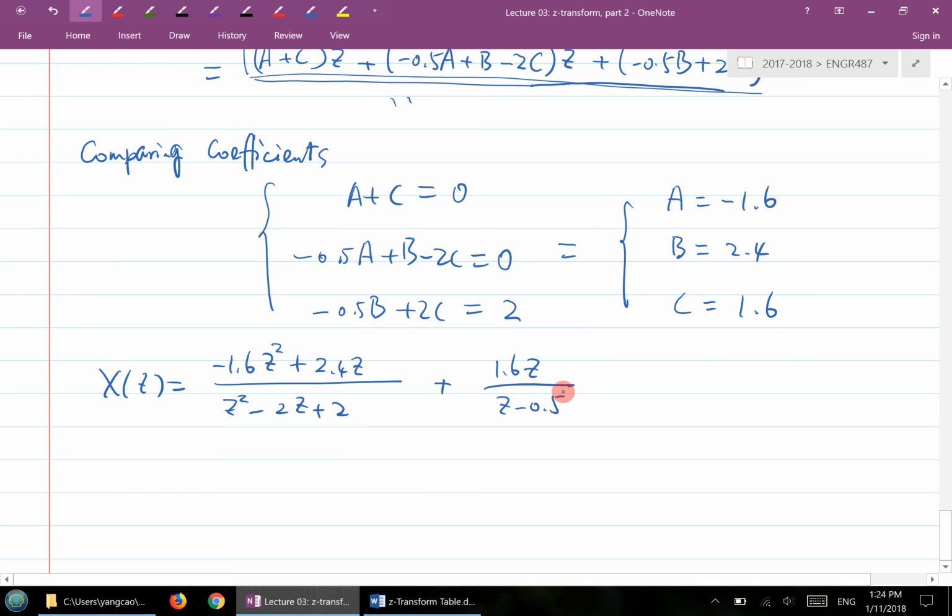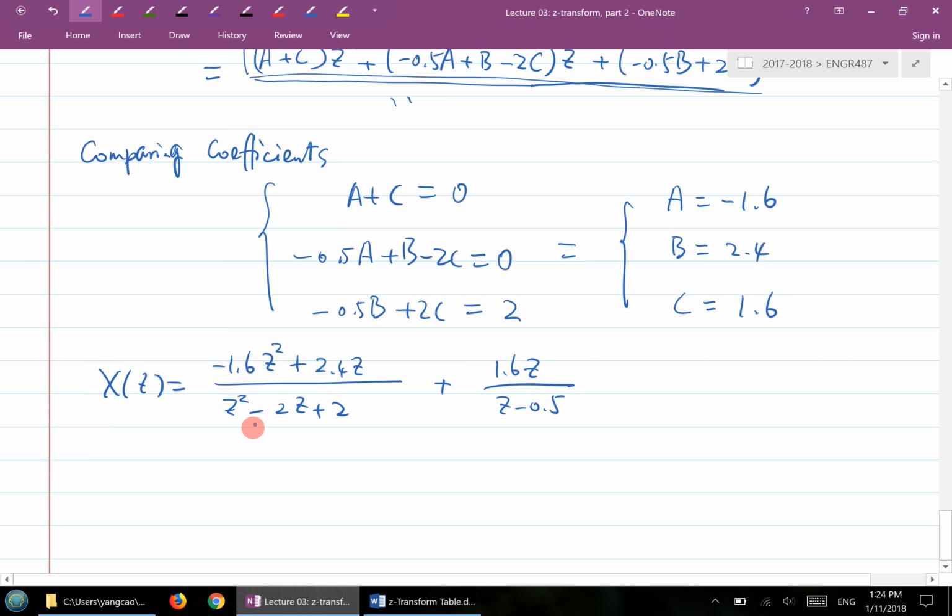So multiply the z back to the right side, and we get our x of z, which is this. Okay. So now time to do the inverse z transform. The second term is easy, so that's just 1.6 times 0.5 to the power of k. It's this term here, right?